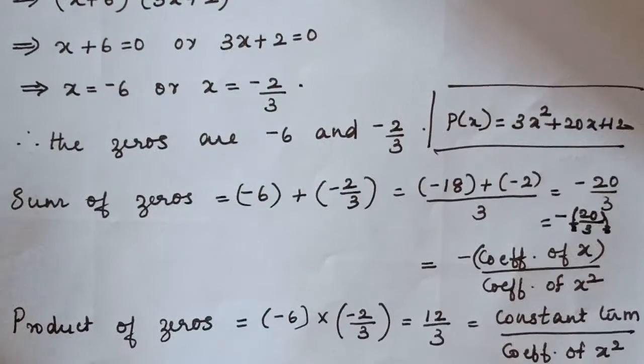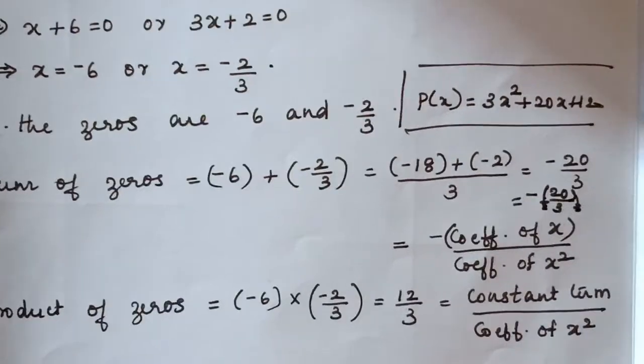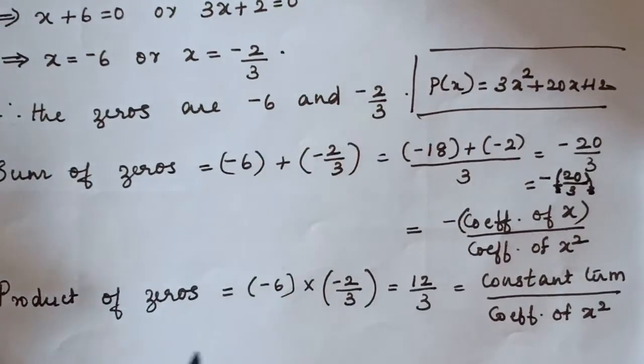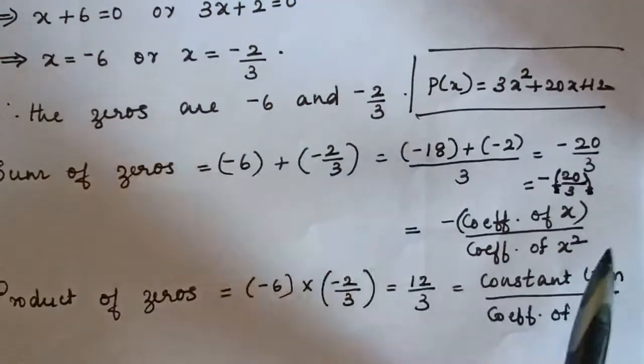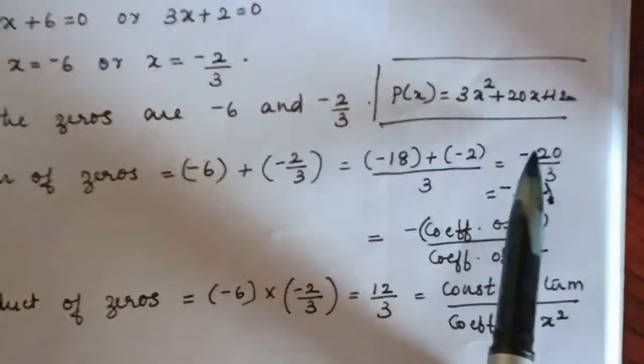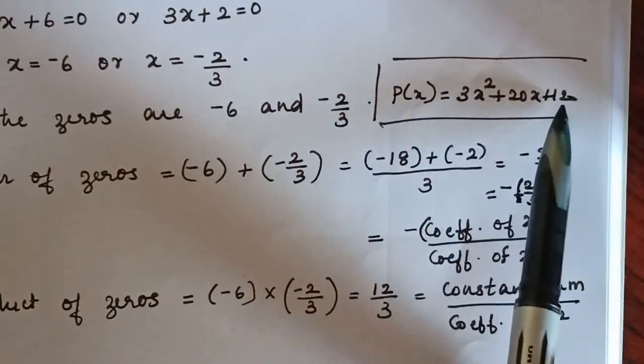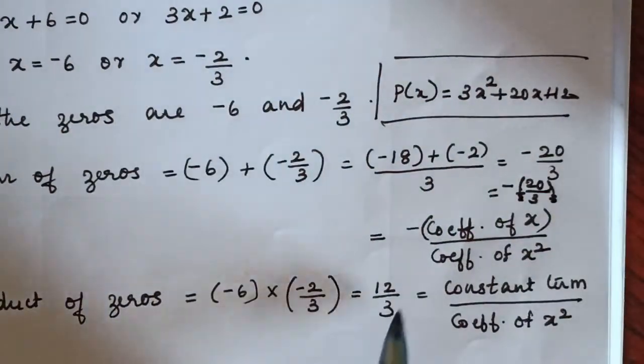Now we will check the product of zeros. Product of zeros is equal to minus 6 into minus 2 by 3, that is 12 by 3. Minus and minus will become positive. Now what is 12 in p of x? That is the constant term. And what is 3 in p of x?